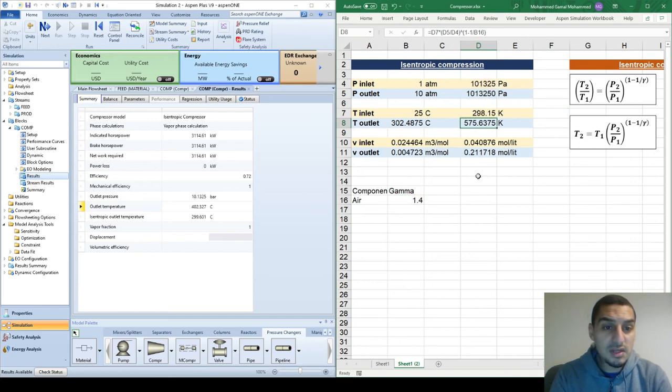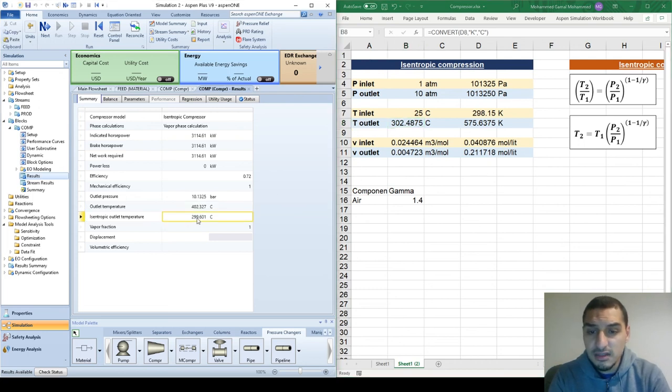So from this relation, based on 100% isentropic efficiency, the outlet temperature is 302.5. It's calculated here as 299.6, so it's around 3 degrees difference between what I calculated and what Aspen Plus calculated, which is a very good agreement actually.